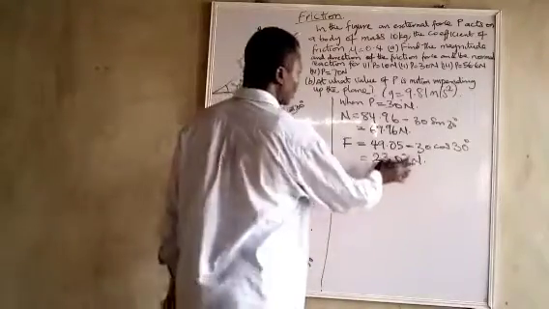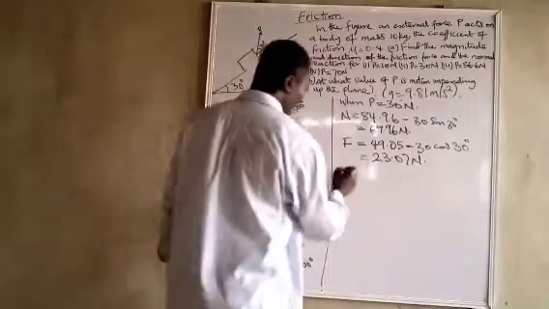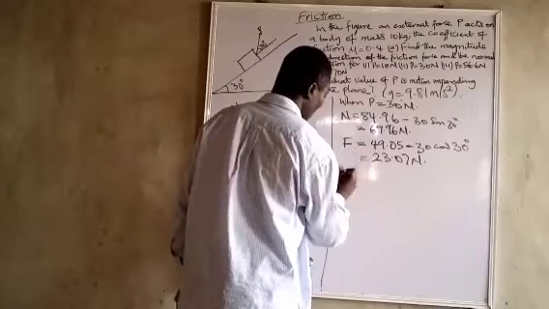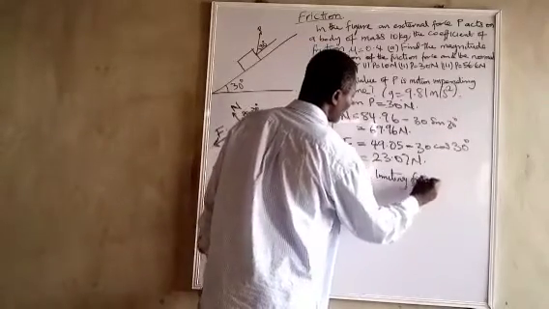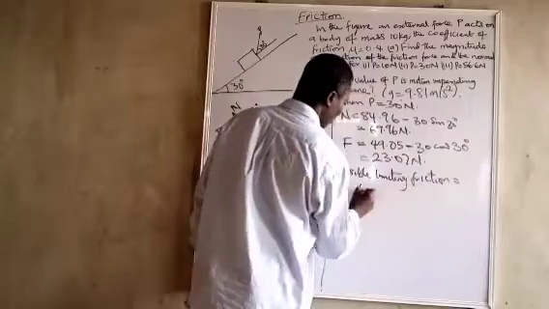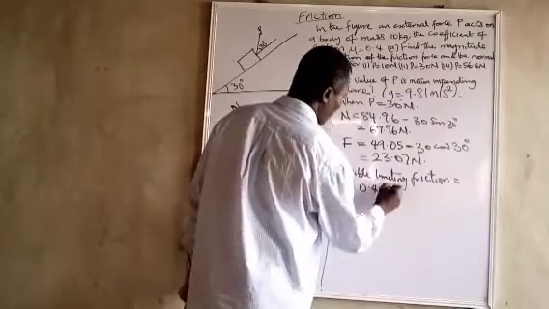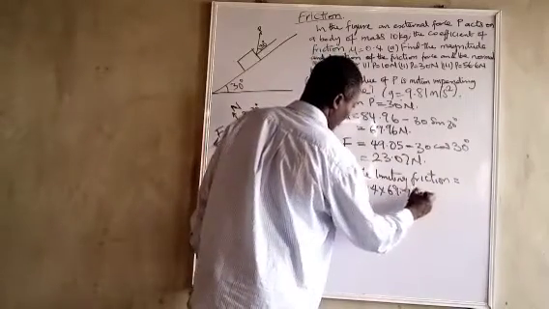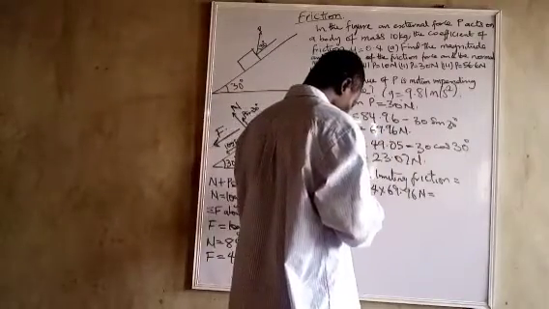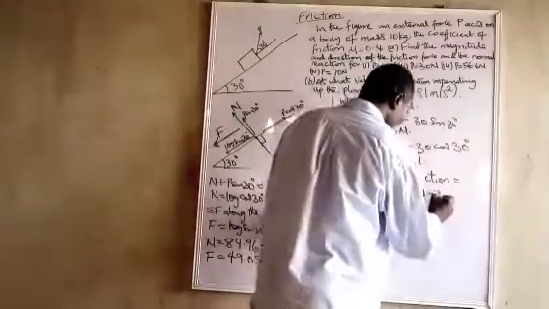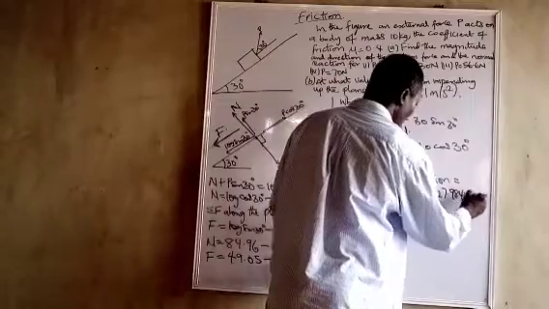Let's see if this one is up to the limiting friction. So possible limiting friction will be equal to 0.4 times 69.96, which is 27.984 Newton.